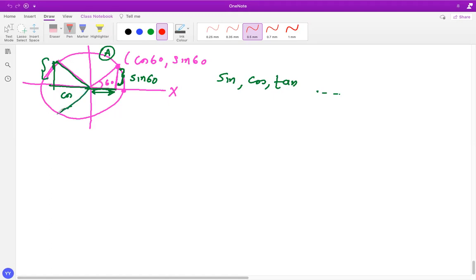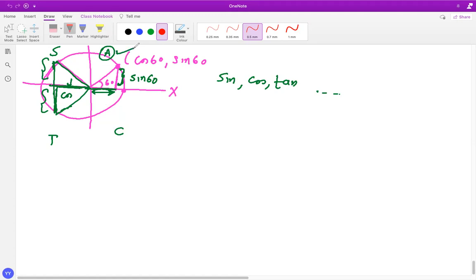If you're in quadrant number 3, x is negative and y is negative, so cos is negative and sine is negative too. ASTC is a rule you can remember, like all silver teacups, or add sugar to coffee.